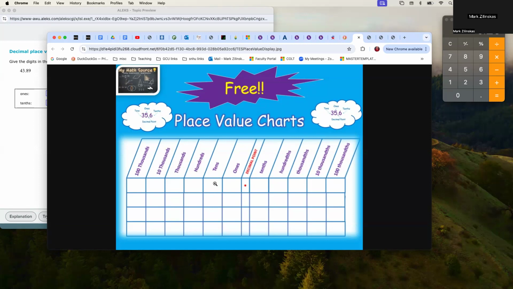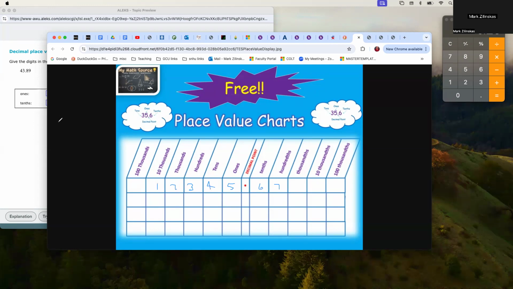But if you just bear with me for a second, I'm trying to draw here with my mouse. If I did something like one, two, just so we get different digits here, three, four, five, six, seven. And just like that question that I had selected here, if we want what digit represents the tens place, well, that would be the four, and the thousands, that would be the two, and the hundredths, that would be the seven, and so forth.